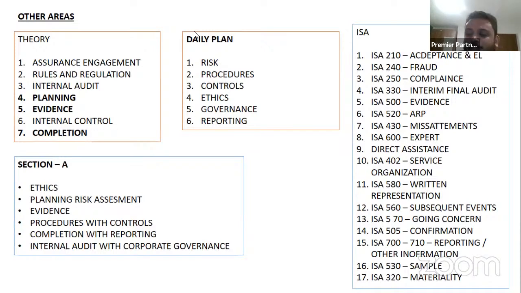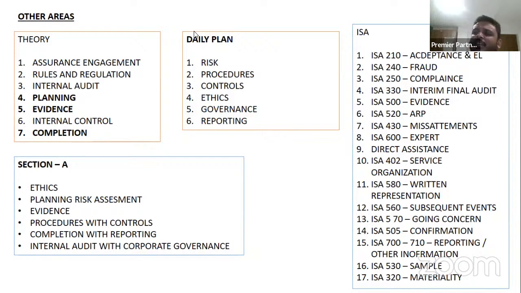Management changed the accounting policy because it improved reliability and it is allowed by IAS 8. No problem at all. So no misstatement. Everything is perfect. But still the auditor wants to communicate this matter to shareholders. Why? Because it's a significant change.